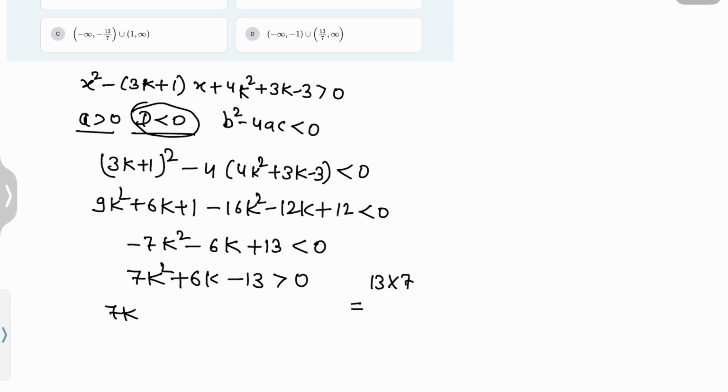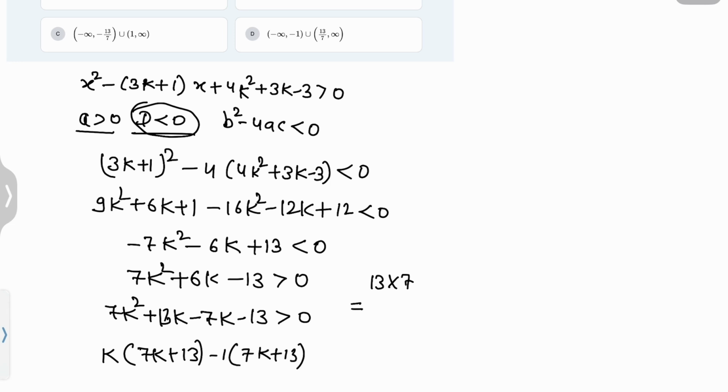That's why the factors are already there: 13k and minus 7k, minus 13 less than 0. k is common, then 7k plus 13, and minus 1 is common, then 7k plus 13, right?